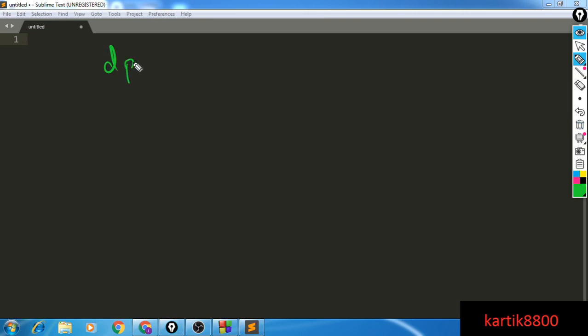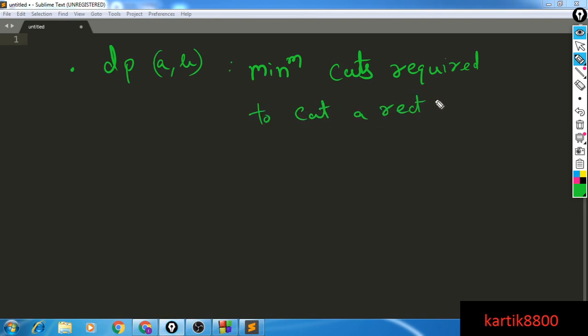I'm going to define my DP state as DP of a comma b, and this will be the minimum number of cuts required to cut a rectangle of dimensions a cross b such that you end up with a bunch of squares.